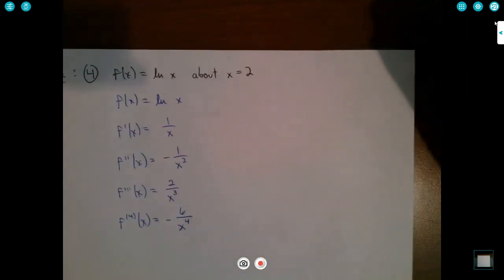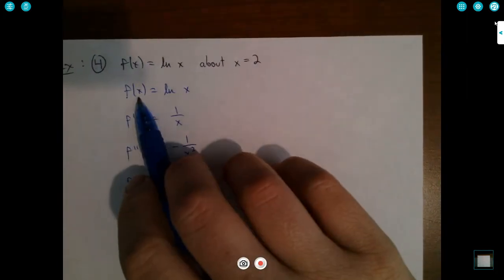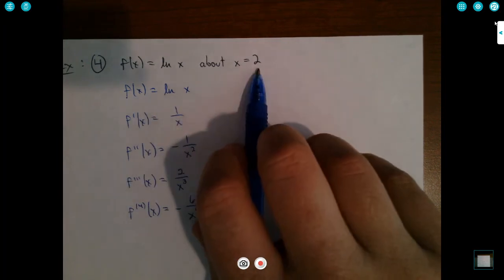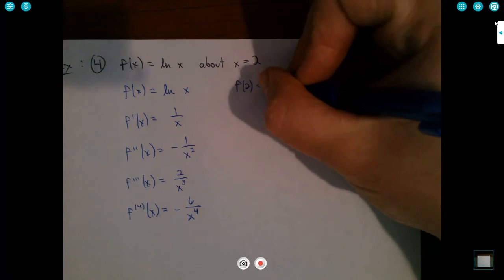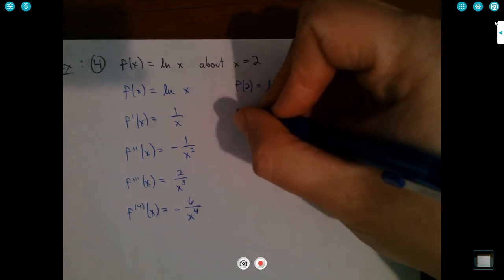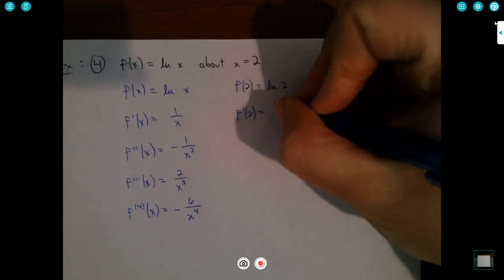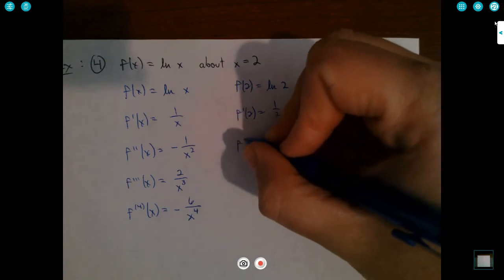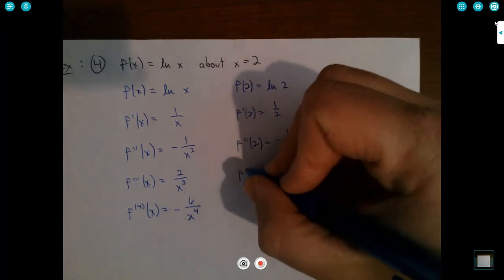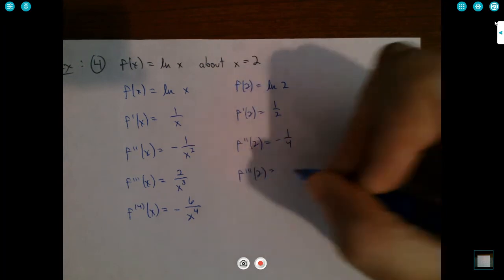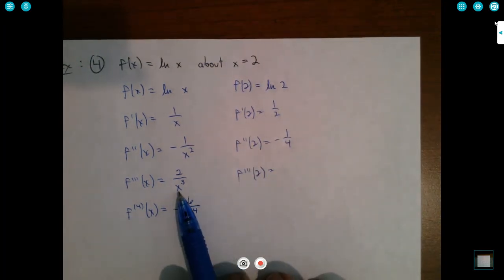Okay, and now let's evaluate this thing. This time we're not going to evaluate at 0, we're going to evaluate at 2. Okay? Hmm. 2 cubed is 8. 2 over 8 is 1/4.